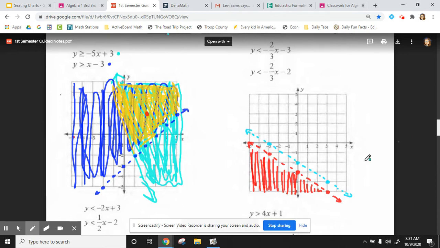And it's less than, so we shade down. So your solution is everywhere where these two shaded areas cross, which means your solution would have to be down here in this area.